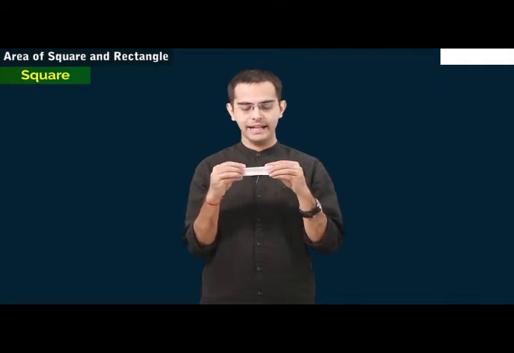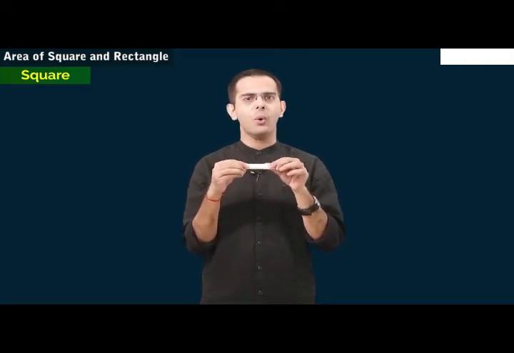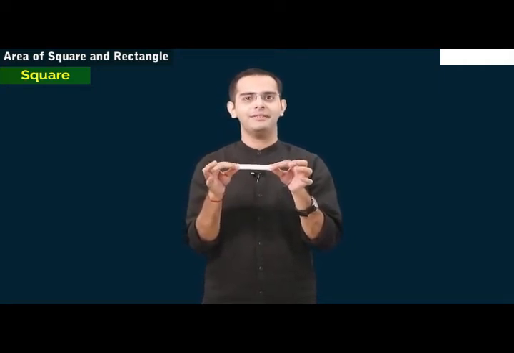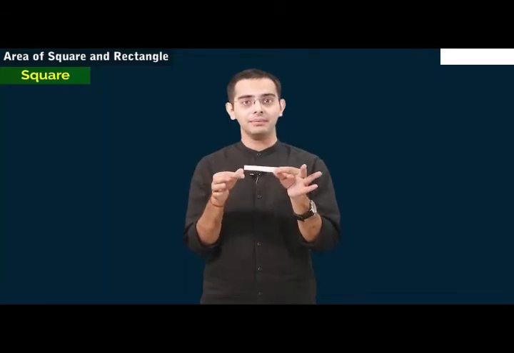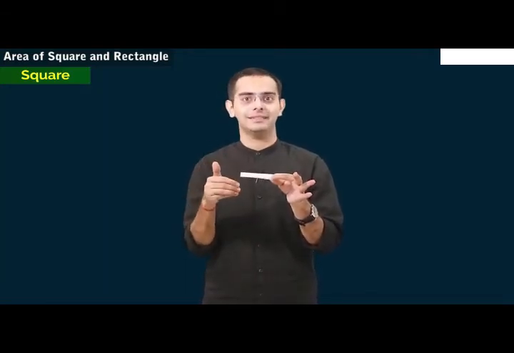So as I reach the end of this paper here, what are we actually doing here? We are actually covering the area of this square shaped paper. And what have we done over here? We have done repeated addition of a.